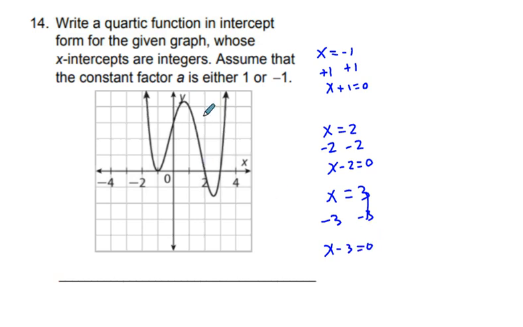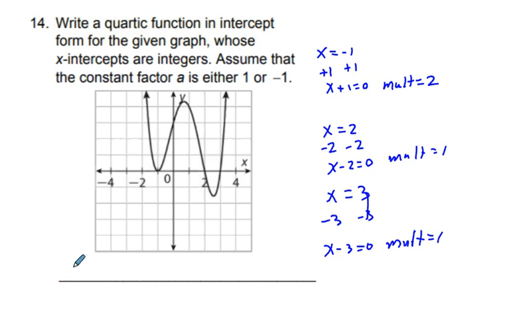Now multiplicities. Okay, we have this first zero of negative 1, well, we bounce off the x-axis. So this is going to be multiplicity equal to 2. And then this other zero, at x equals 2, will be multiplicity equal to 1. And then the last zero at x equals 3, multiplicity equals 1.